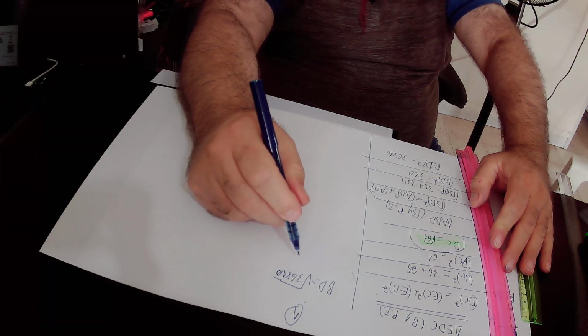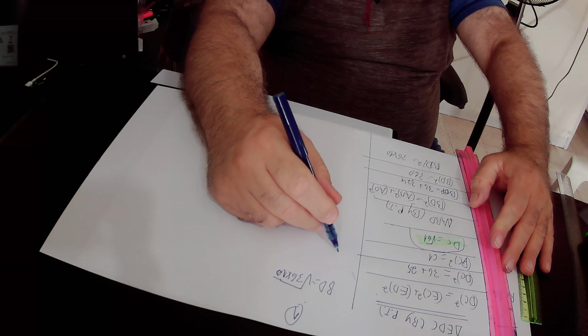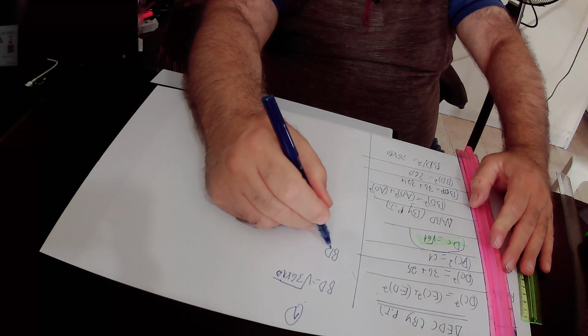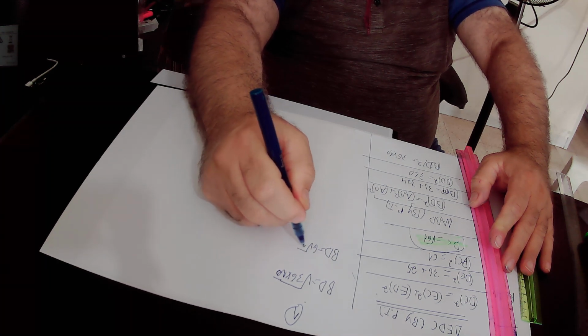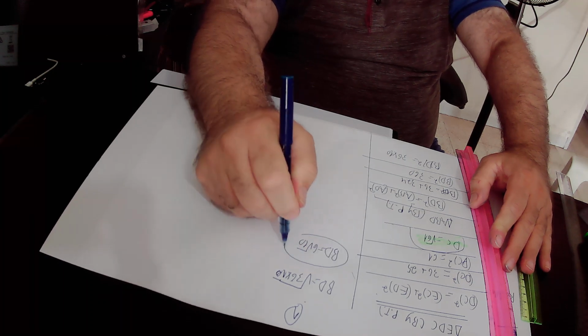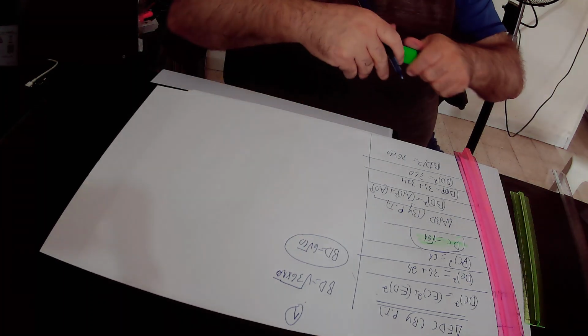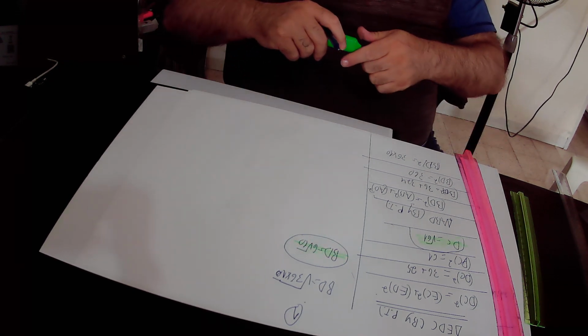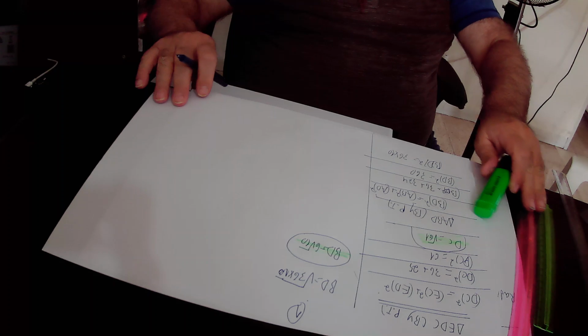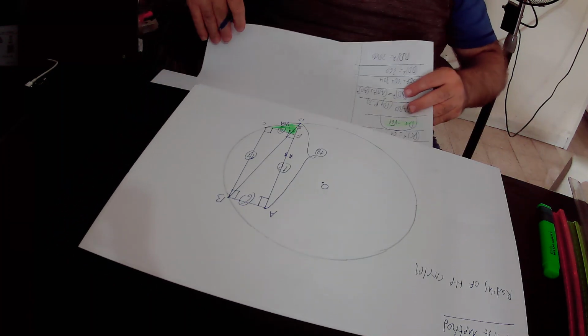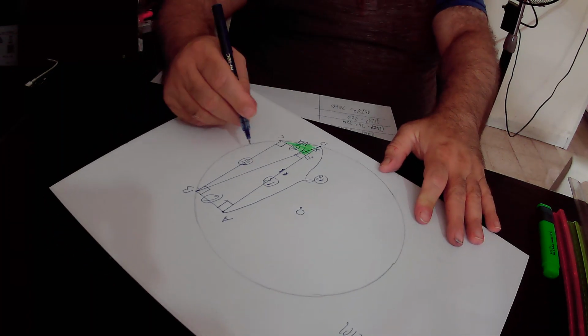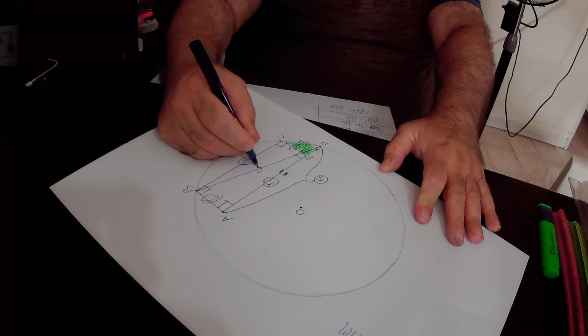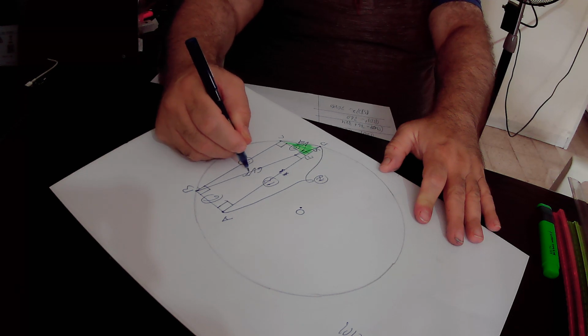The square root of 36 is 6, so in total we get that BD equals 6 times square root of 10 units. So the hypotenuse of the right triangle ABD, BD, is actually 6 times square root of 10 units.